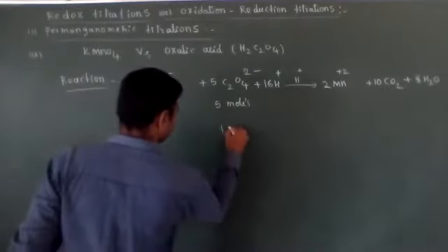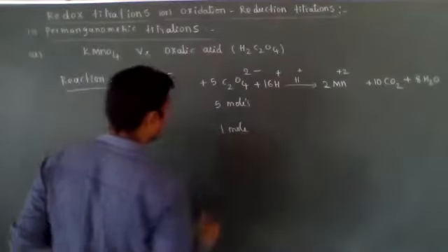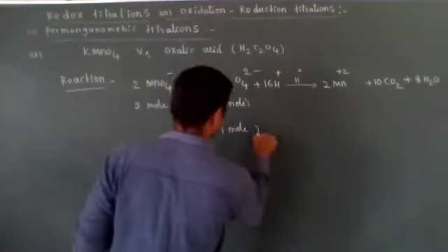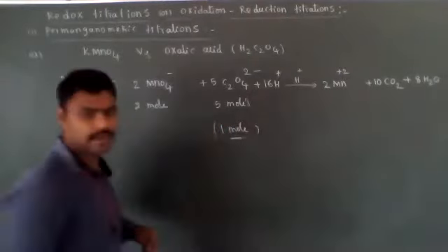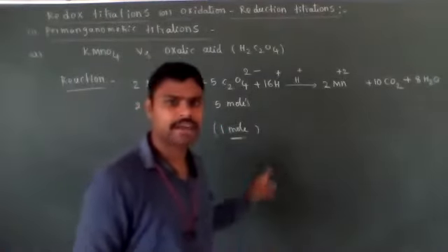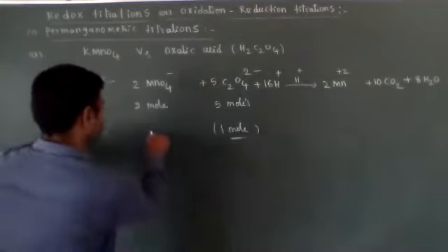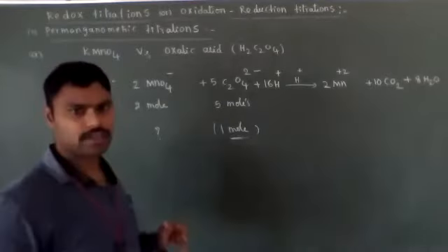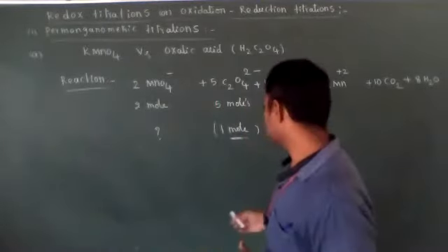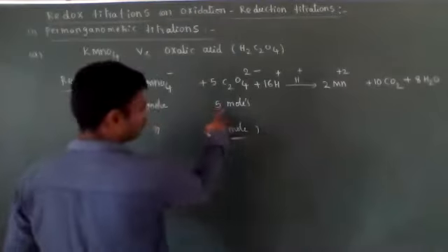If oxalic acid is 1 mole, then in the exam, 1 mole of oxalic acid reacts with how many moles of KMnO4? That kind of question they also ask. See, in this it is 2 moles and 5 moles.